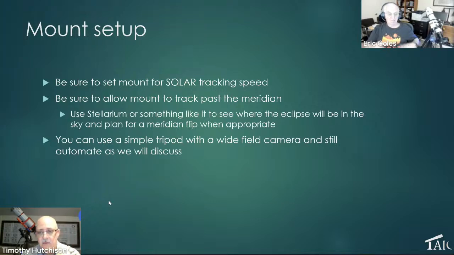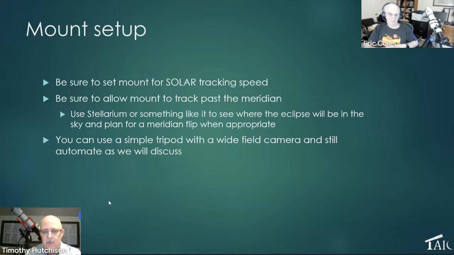So next I'll mention a few things when it comes to setting up your mount. In my case, I'm going to be in Texas shooting this, and the Eclipse will go through a meridian flip. So I need to make sure that my mount can track past the meridian, so that I don't end up having a problem there.